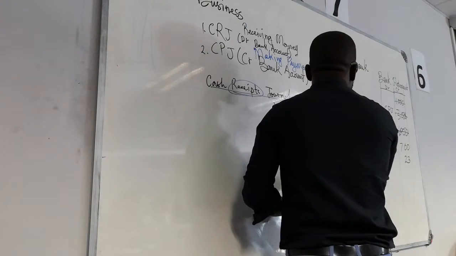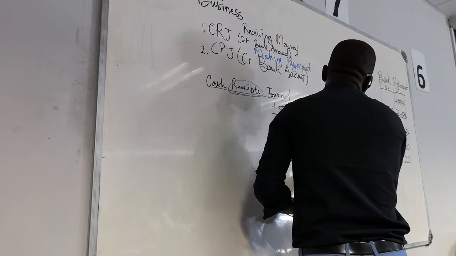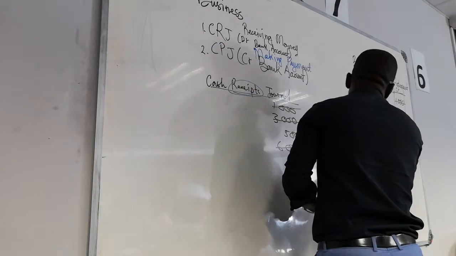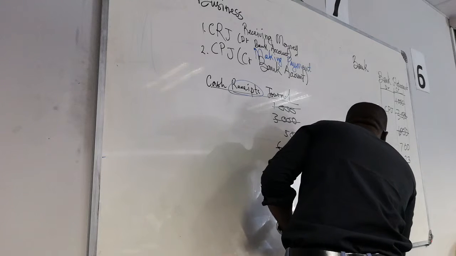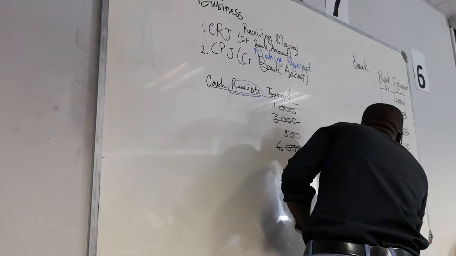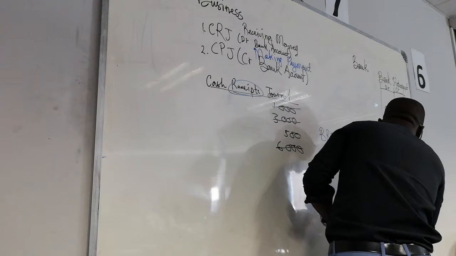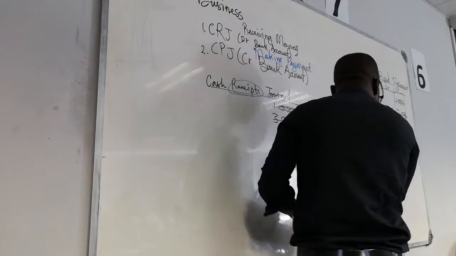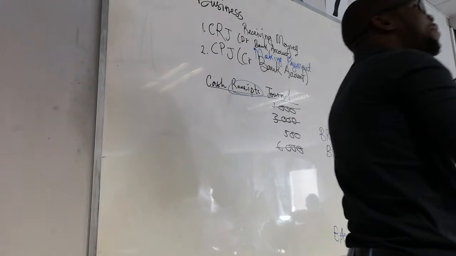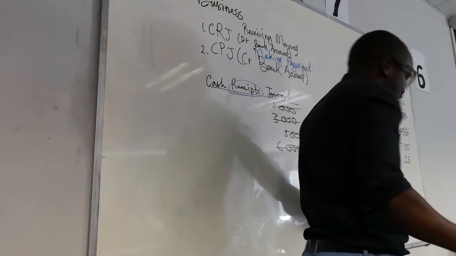The bank reconciliation statement says that it is the bank statement balance, and then there is the business, or let's say the bank account balance. We are saying that if the bank has 6,000, the business has 5,000. It's a matter of time. It's just a matter of time before this changes.